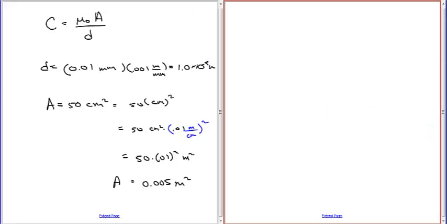And epsilon 0, put this on your cheat sheet so you don't have to look it up. This is equal to 1 over 4 pi times k. And remember k, I'm going to write both of these down here.